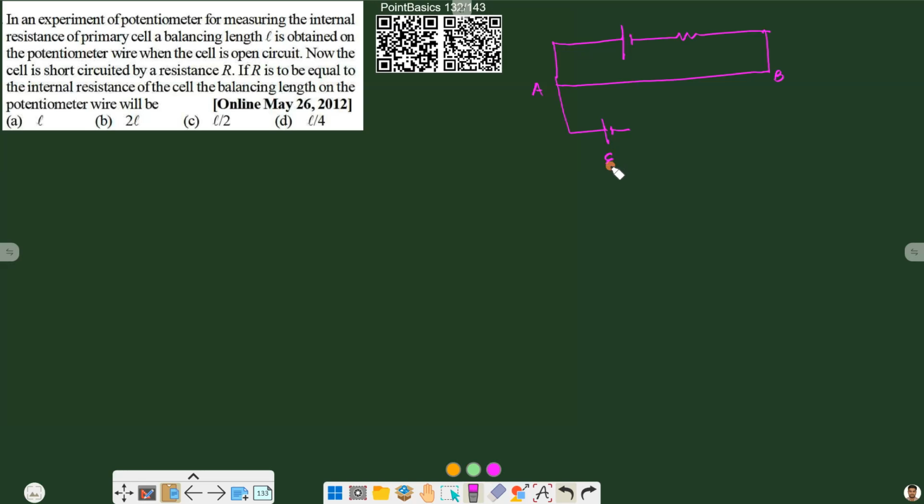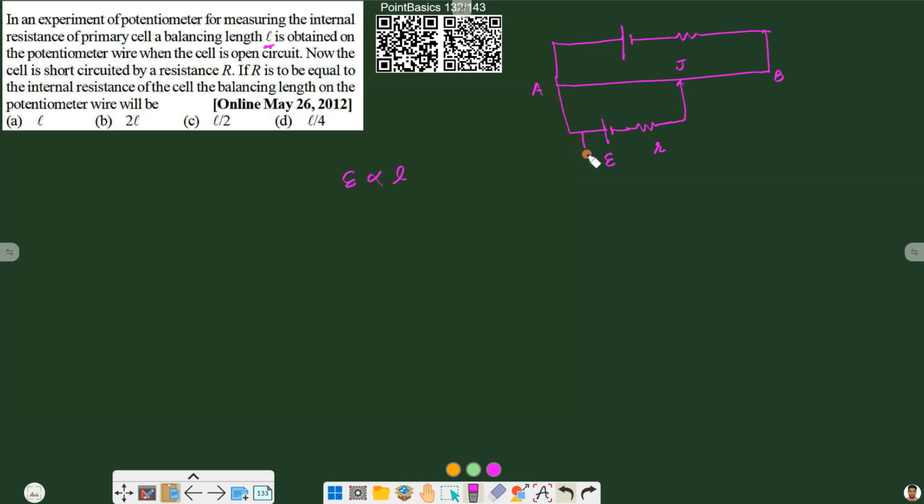Suppose the potential of that cell is E and its internal resistance is r, and here we have the jockey point. Initially at the null point, the EMF of this cell E should be proportional to length AJ, and that is given by L. This is the first scenario.